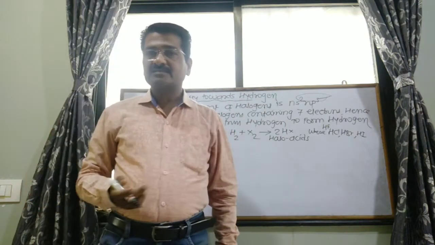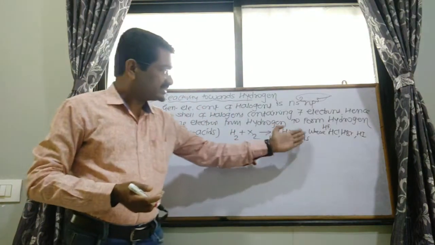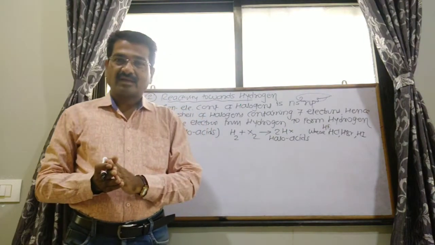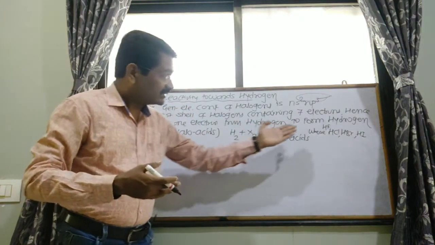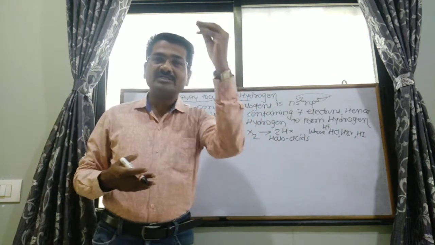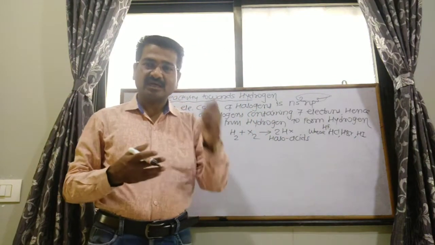Then see the next point. All these halogens can react with hydrogen to form the haloacids, and these acids show a trend. What is the trend?